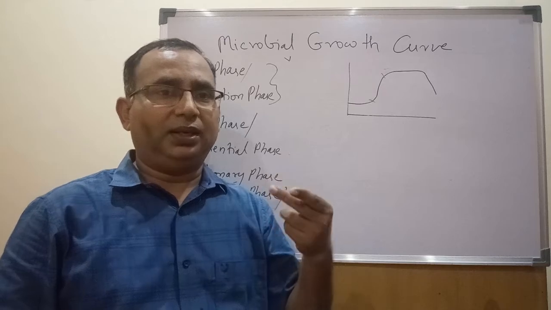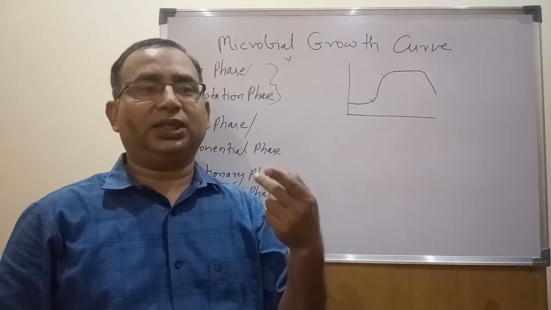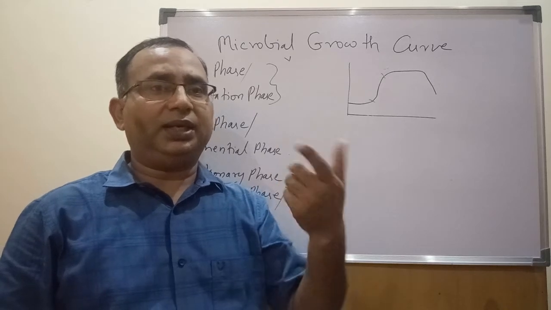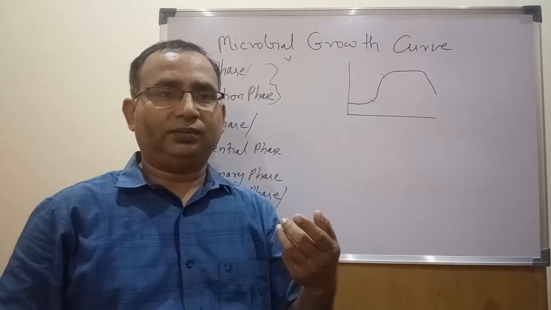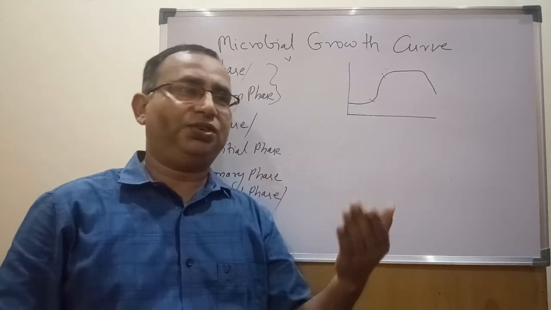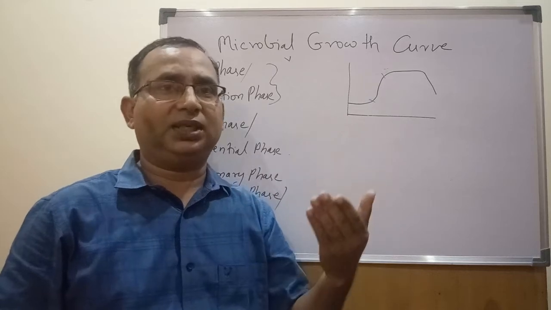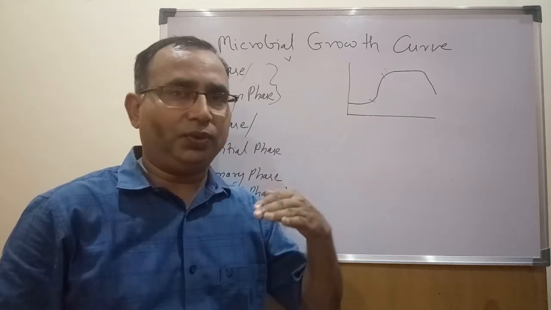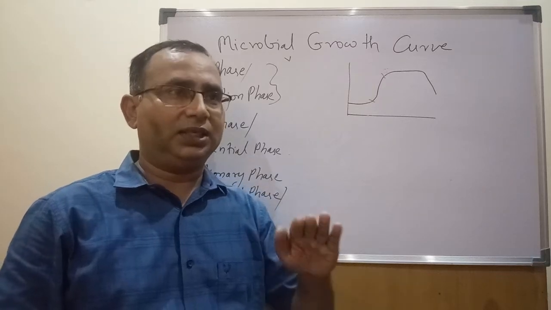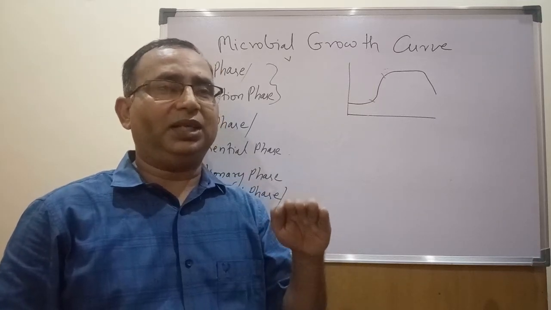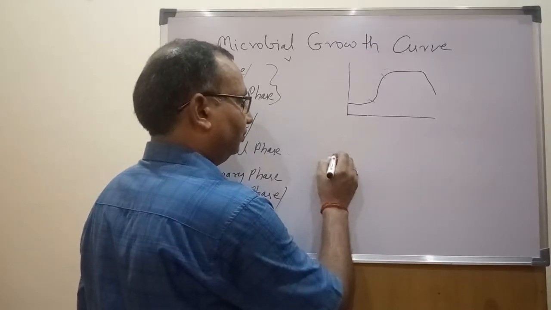For example, if there are 2 cells, they generate 2 more cells and become 4 cells. Newly generated 4 cells will result into formation of 8 cells, then 16, then 32, then 64, 128, 256. Likewise, the total number of microorganisms keeps on increasing, and this is increasing by its exponent.